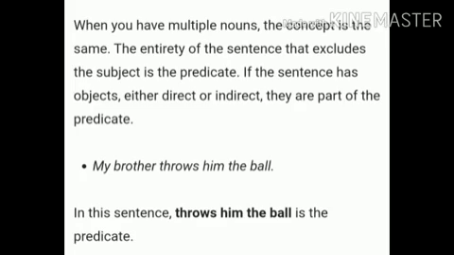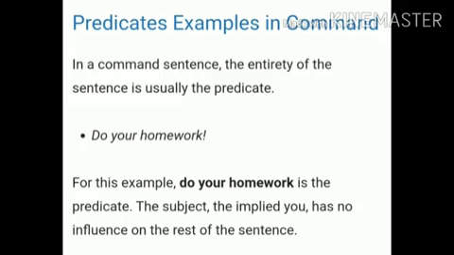The entirety of the sentence that excludes the subject is the predicate. If the sentence has objects, either direct or indirect, they are part of the predicate. My brother throws him the ball. In this sentence, throws him the ball is the predicate.